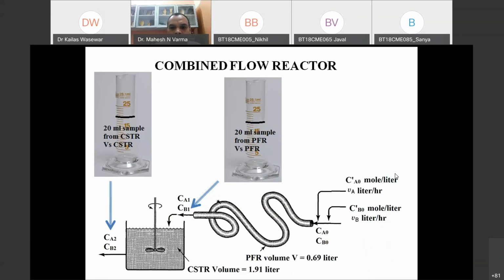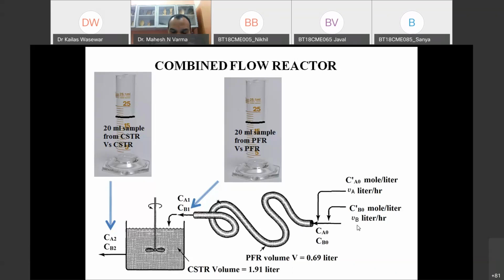This is the pictorial representation of the same combined flow reactor. So these inputs are given to you. What are the inputs given to you? The concentration of NaOH in the storage tank, and the concentration of ethyl acetate in the storage tank. This is the flow rate of NaOH given to this plug flow reactor, and this is the flow rate of ethyl acetate given to the plug flow reactor.